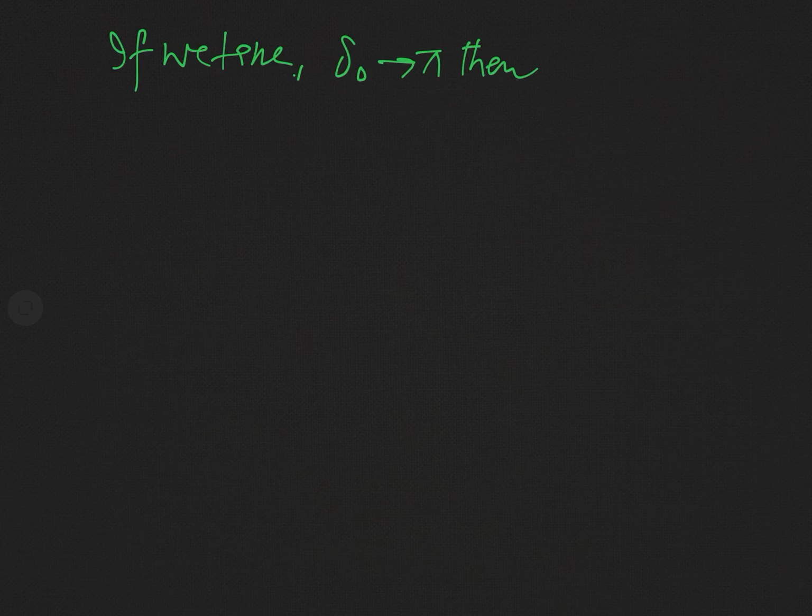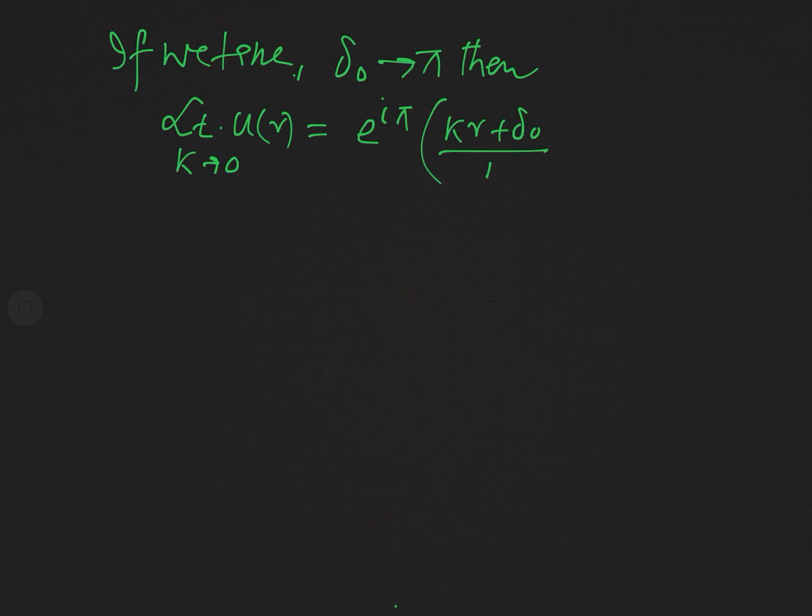Now if we take this delta naught tending towards pi, in this condition the result will be what? This will be limit k tends to 0 of u of r equal to e to the power i pi into kr plus delta naught by k, and e to the power i pi is in fact minus 1.